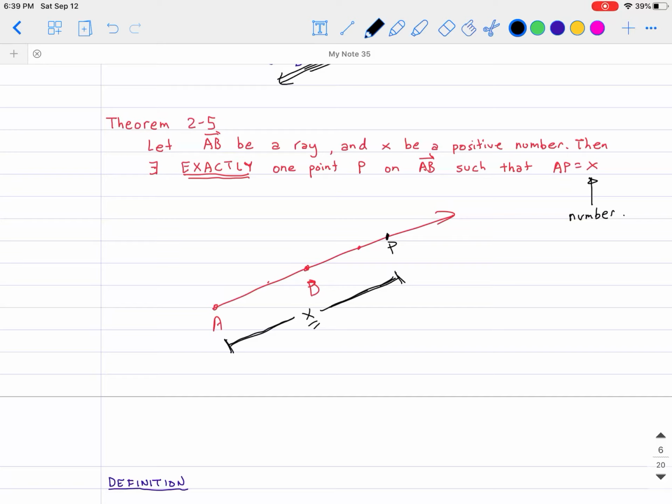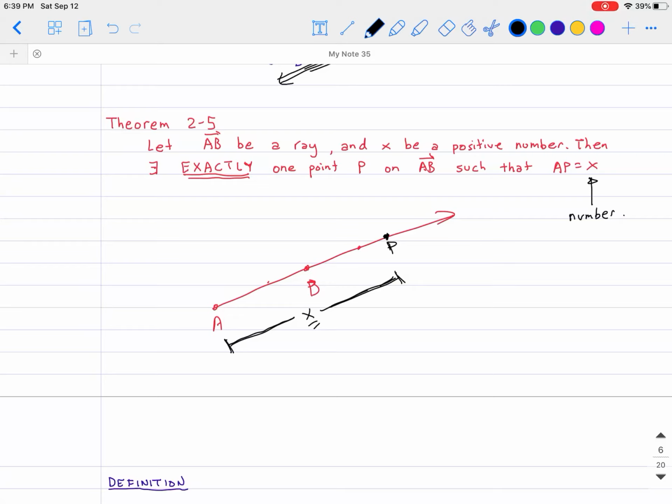Let's go ahead and call it X. So if I have a certain length that's going to be called X, we can only go to the right by that amount. And they're saying there's exactly 1 point on there so that that length AP is going to be that length of X.